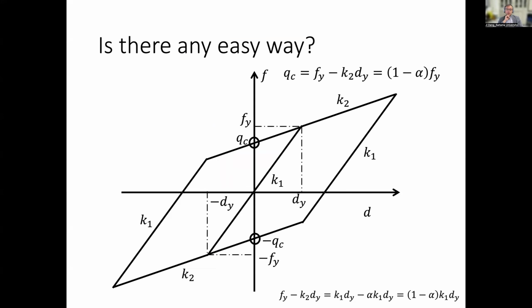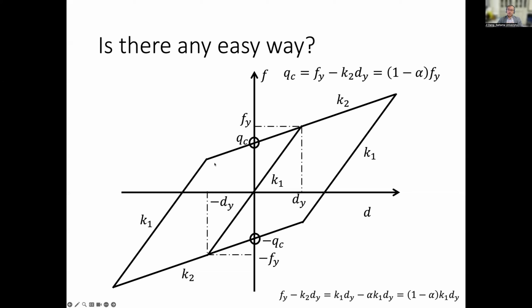We say it is a critical point, which is the cross section when d is 0. It is the force at d0. Whatever loading you do, if it is in the plastic domain, you pass here, you always get this force. So we call it the critical force. For the shear model, we use Q, so we use the name QC, not FC, right? Remember, QC is a more general name for the critical force.